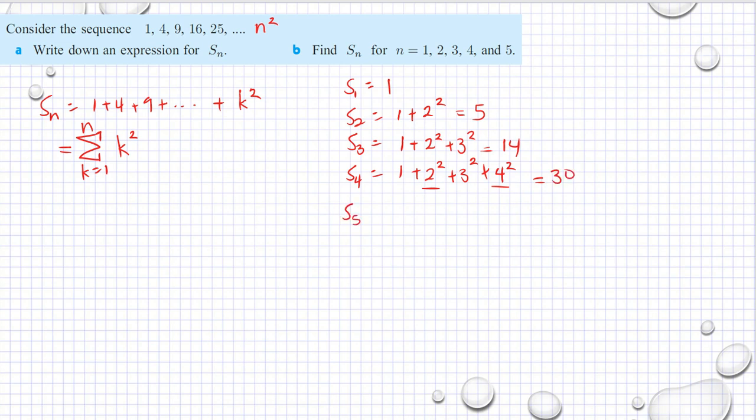And S sub 5, I already did a while ago, but I'm going to repeat here: 1 plus 2 raised to 2 plus 3 raised to 2 plus 4 raised to 2 plus 5 raised to 2. That is 30 plus 25, that's 55.